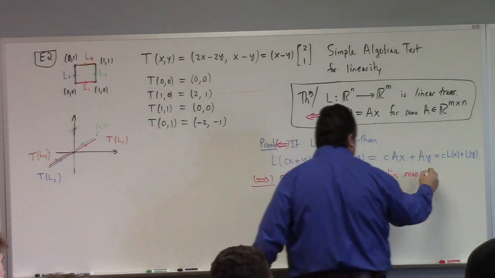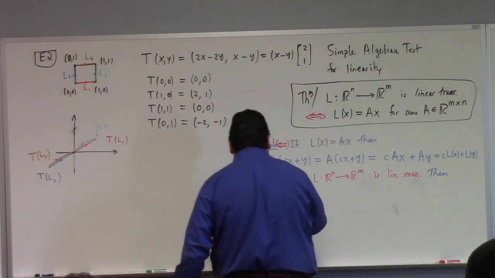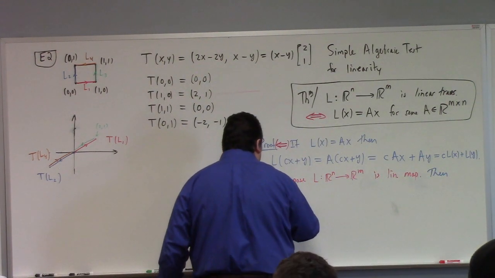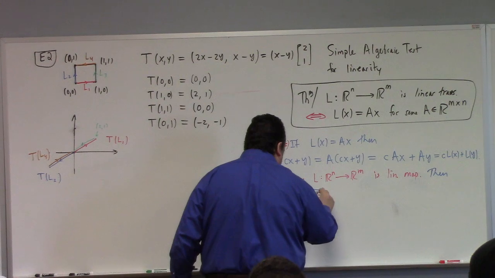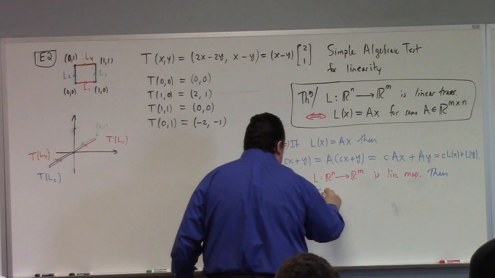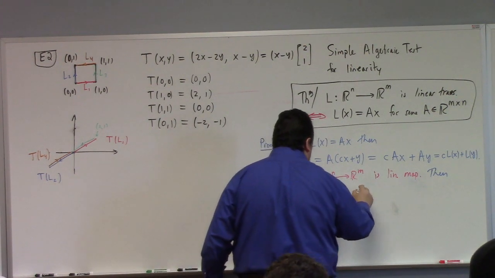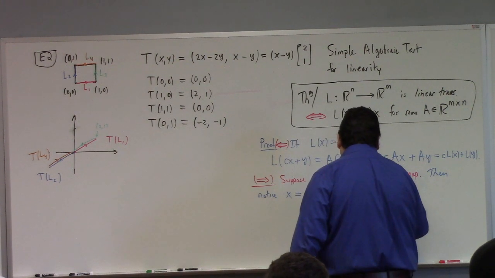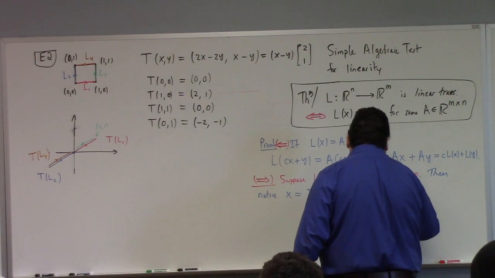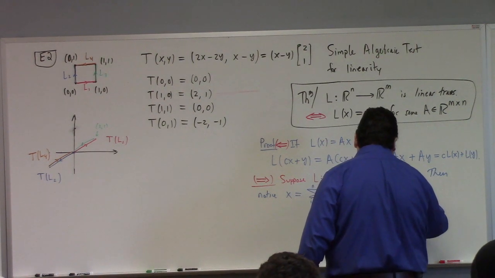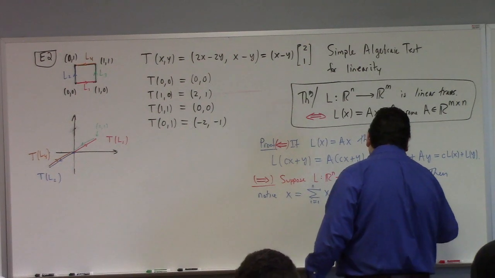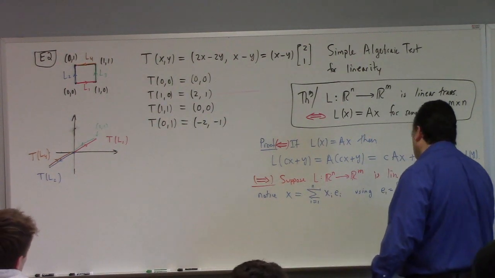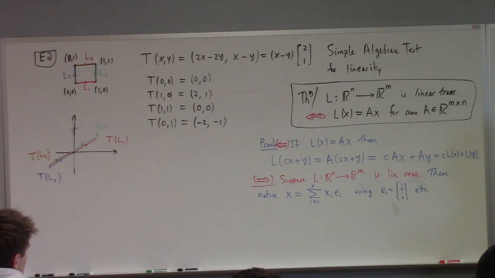Then notice x is equal to the sum, i equals 1 to n, of x sub i, e sub i, where E1 equals 1, 0, 0, etc. We can expand a column vector in terms of the standard basis, right?